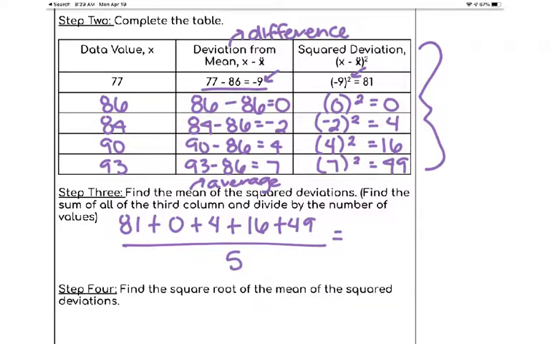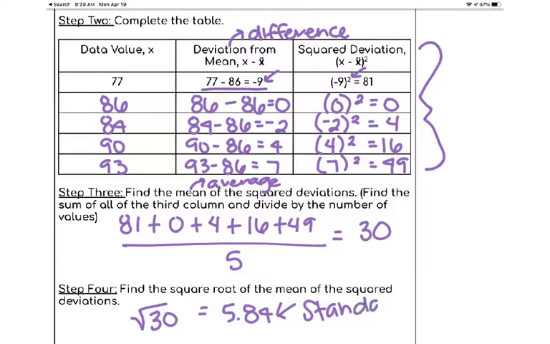And once you've done this, you should get 30. So once you have found the mean of the squared deviations, all you're going to do is find the square root of that. So the square root of 30, when you plug that into the calculator, is going to give you something like 5.84, something like that, okay? That number is your standard deviation.